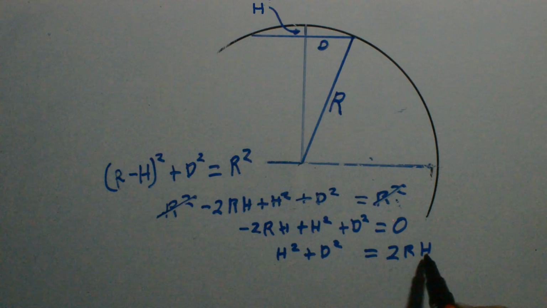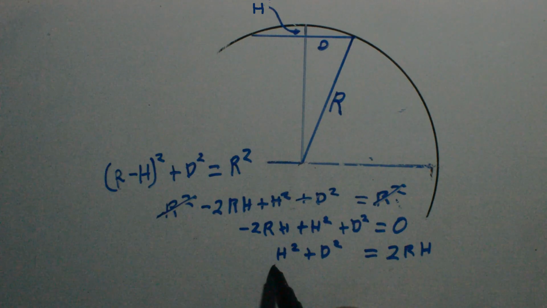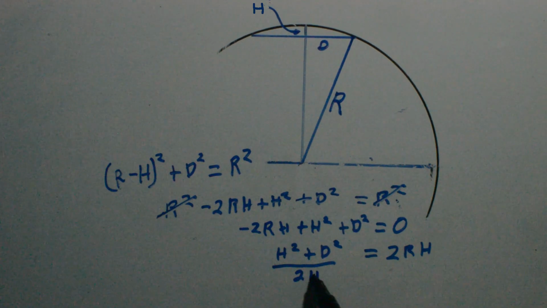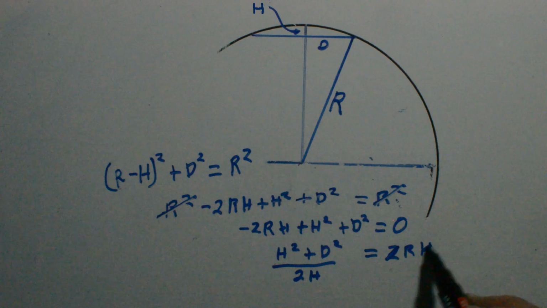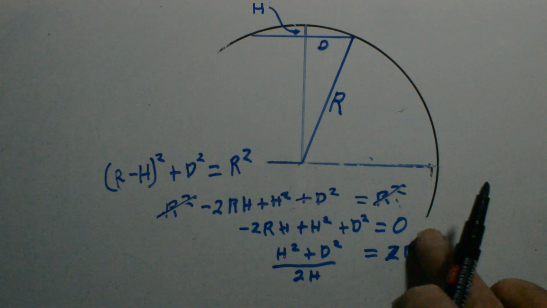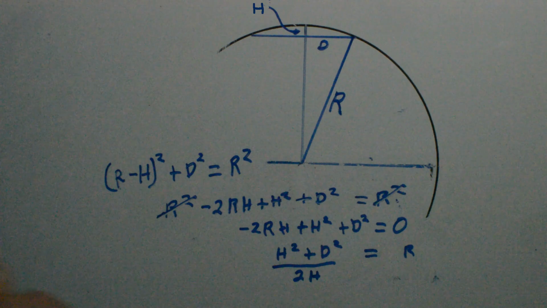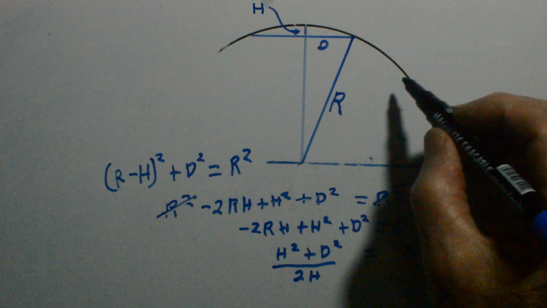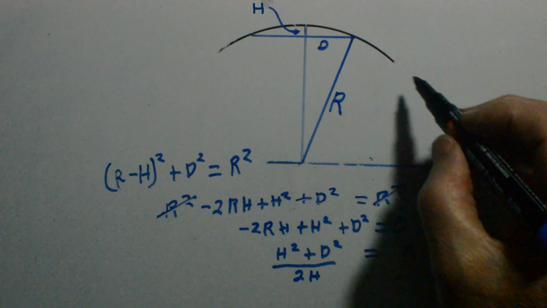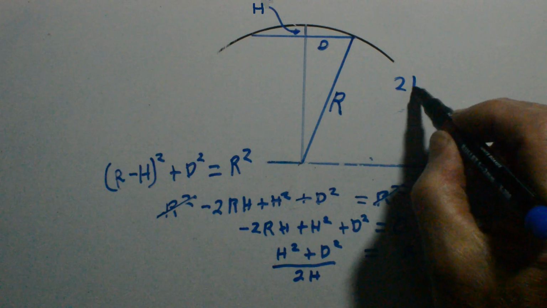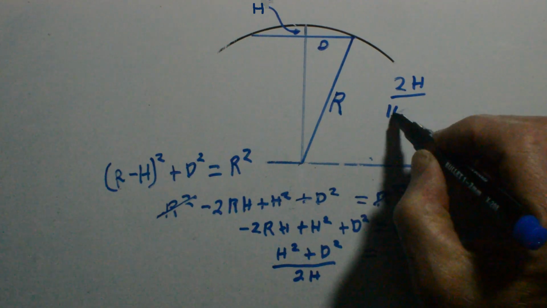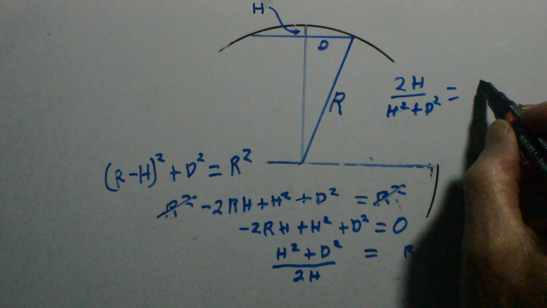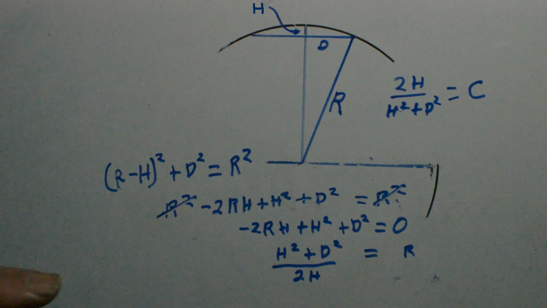Dividing by 2h, we get h squared plus d squared divided by 2h equals r. Now, of course, we can also do the curvature this way. We just invert this: 2h divided by h squared plus d squared equals c. Just turns it over.